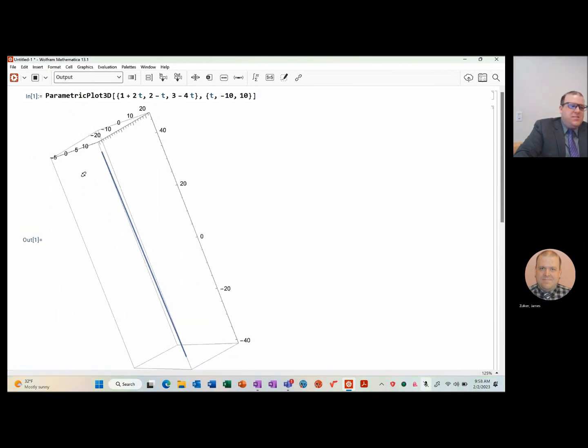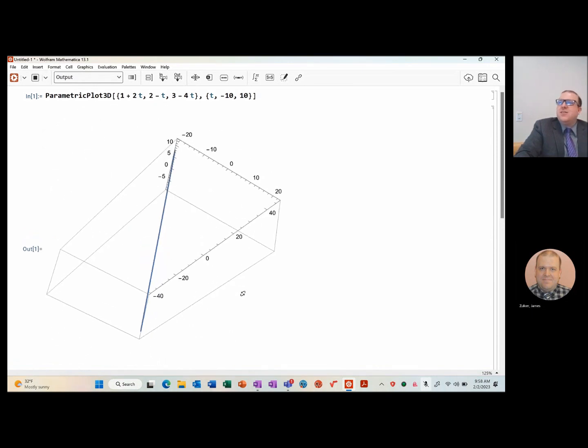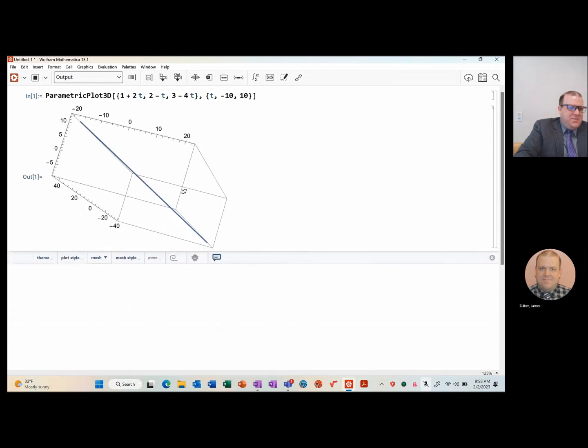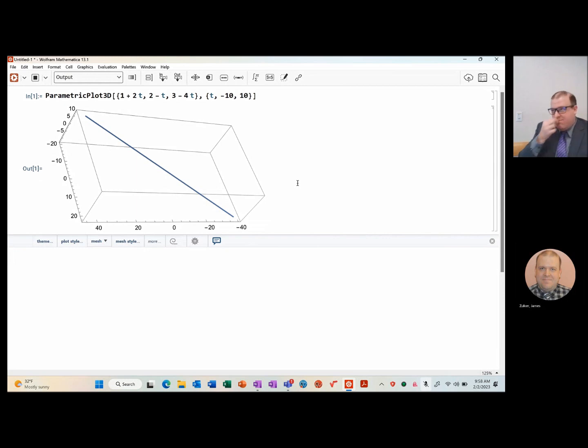It's going to let me rotate it. So this is how Mathematica tries to do the 3 dimensions on a 2-dimensional screen. What if you weren't paying attention and all of the values were the same? What's your X, what's your Y, what's your Z? That's a problem.